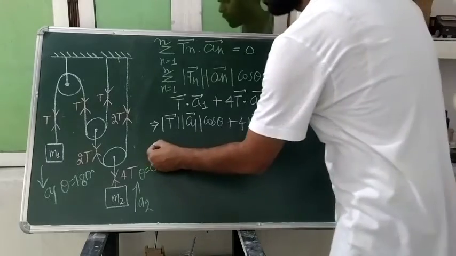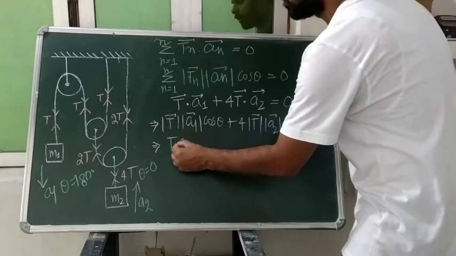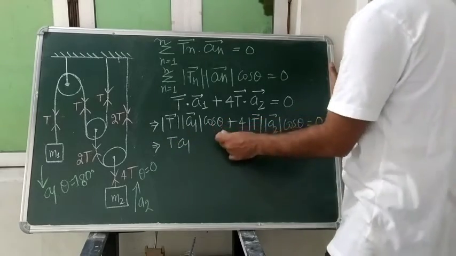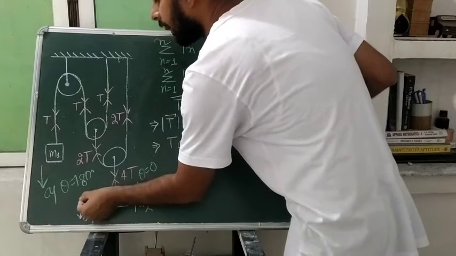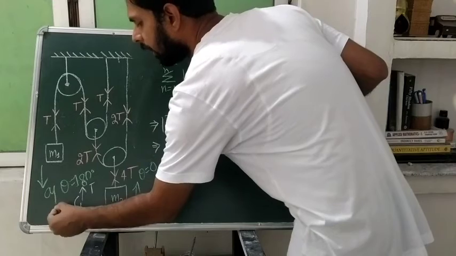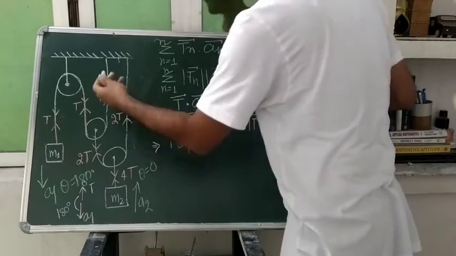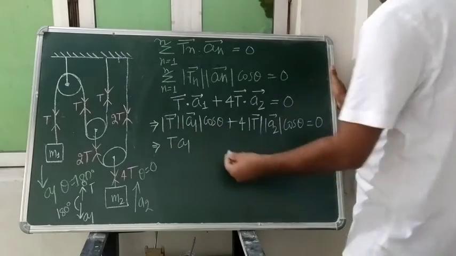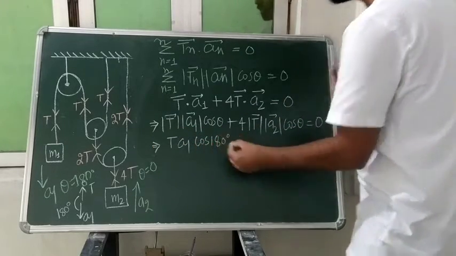0. And suppose we say this magnitude equals T, this magnitude equals A1. For cos theta, look students, A1 is acting downward and T is acting upward. So of course theta here will be 180, since one vector is downward and the other is upward. So that will be cos 180 degrees.